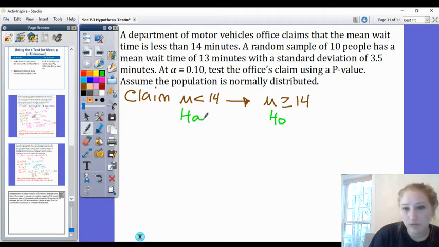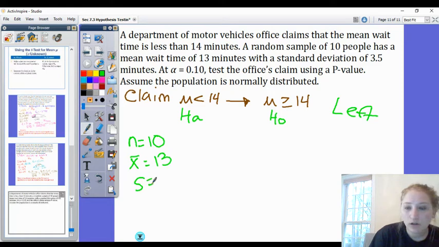This is going to be a left tail test again because of this. We have a random sample of 10 people, and the mean wait time for the sample is 13 minutes. The standard deviation is 3.5. Alpha level is 0.10.